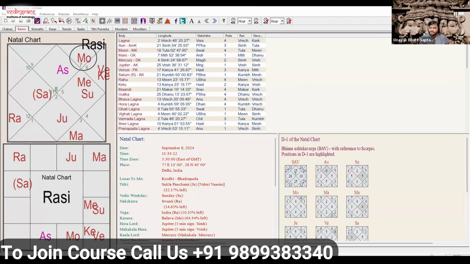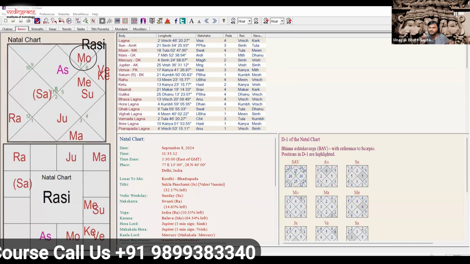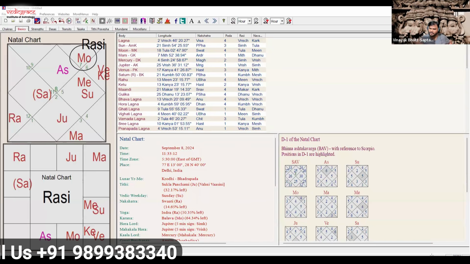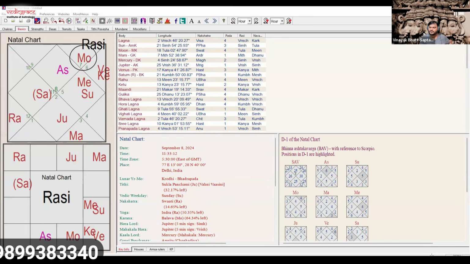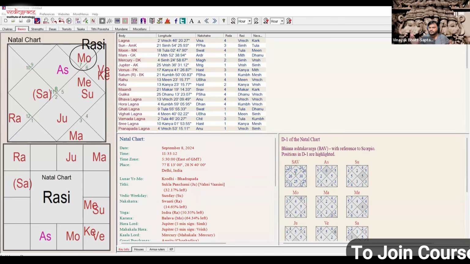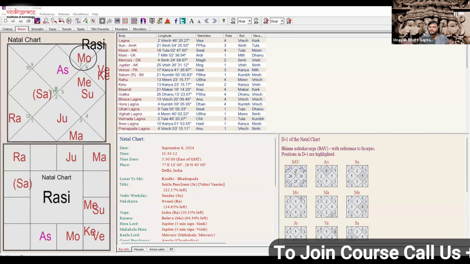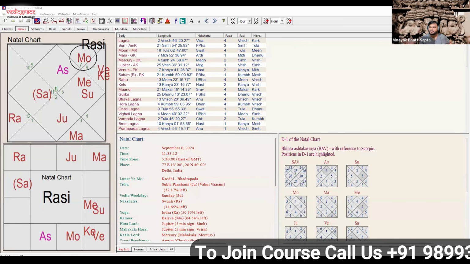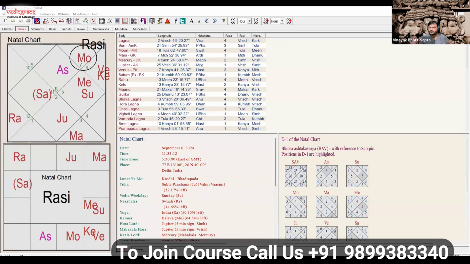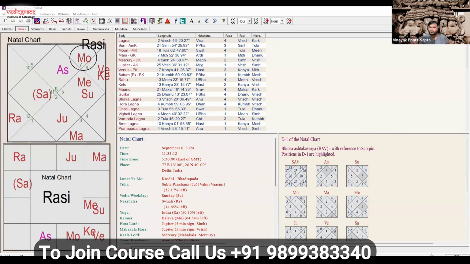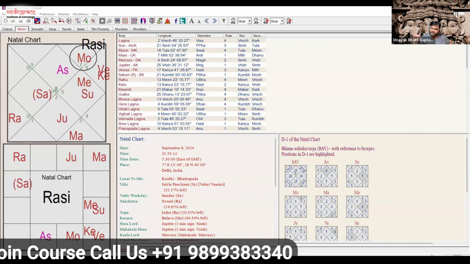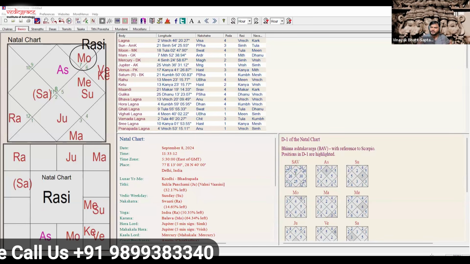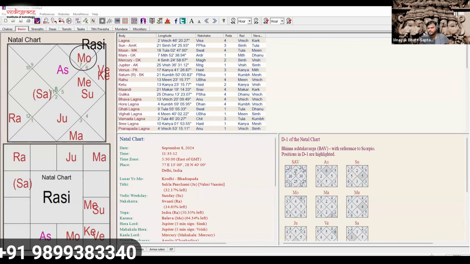If Pitrudosha exists in D1 chart and that same dosha is repeating in D40 chart, it means that particular Pitrudosha is coming from the mother lineage. And go and check D45 chart, that is the Akshavedamsha, that is for the father lineage. So like this, we can integrate different divisions to know different predictions, to know the different meanings to it. Correct?